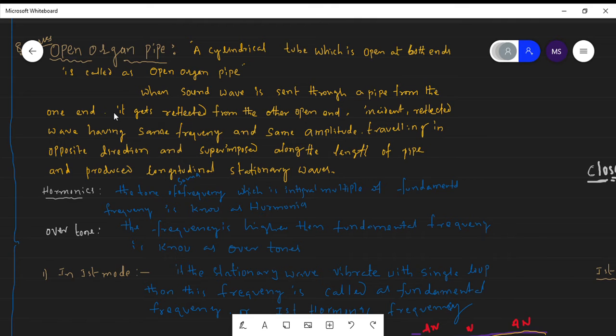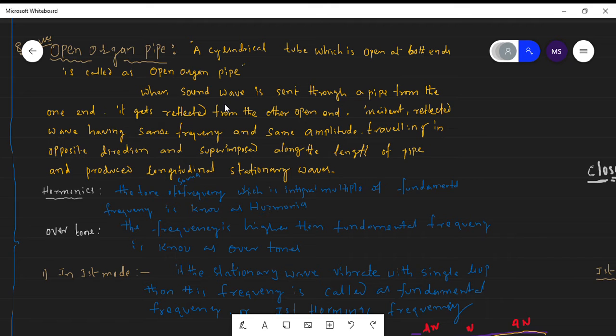So the waves have the same frequency and amplitude, traveling one along the pipe direction, the x-axis direction, and the other in the opposite direction, the minus x-axis direction. So longitudinal stationary waves are formed along the length of the pipe.